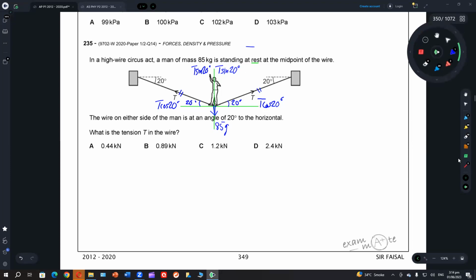So T sine 20 will be equal to mg. You have to add both of them, no? Okay, there are two T sine 20s.